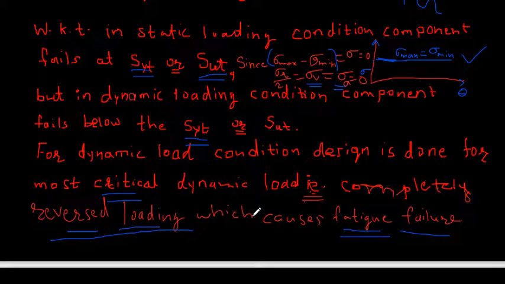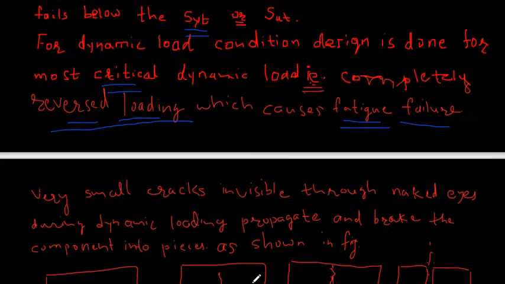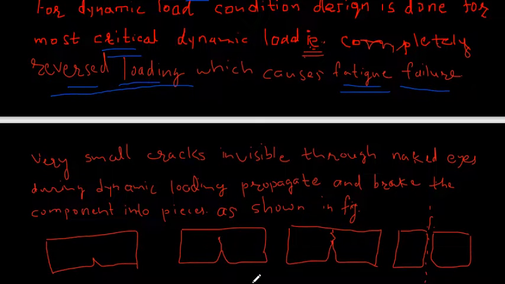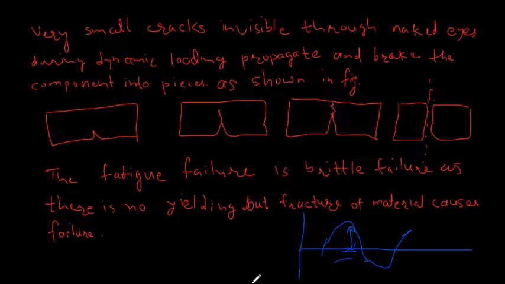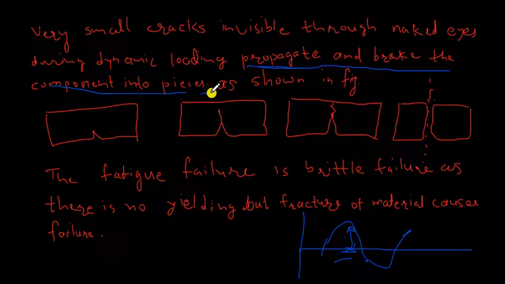You know that fatigue failure starts with an invisible crack, if there is less surface finish, right? Let us say a very small crack, invisible to the naked eye, is present during dynamic loading inside the machine component, then it will propagate and break the component into pieces.